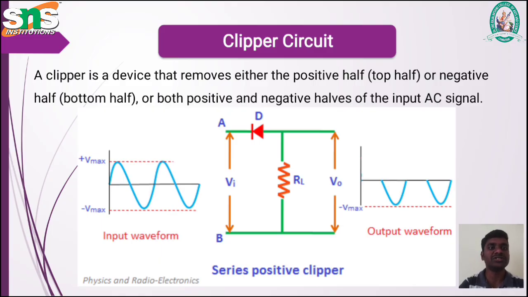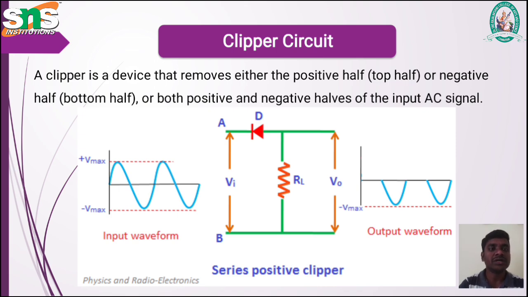This is the circuit diagram for a clipper circuit. This one is a series positive clipper. Here we have mainly two components: one is a resistance, and another one is a PN junction diode.